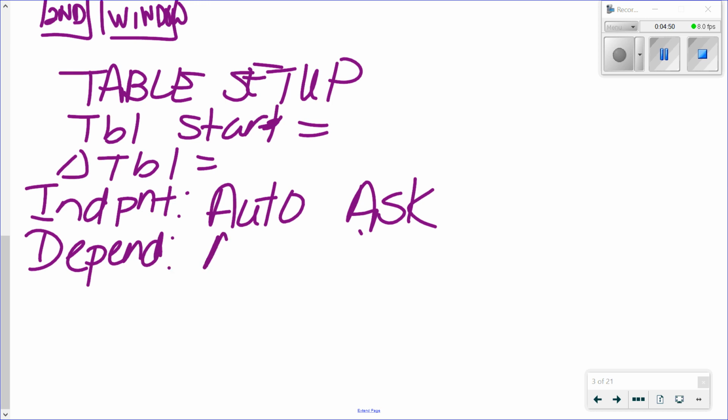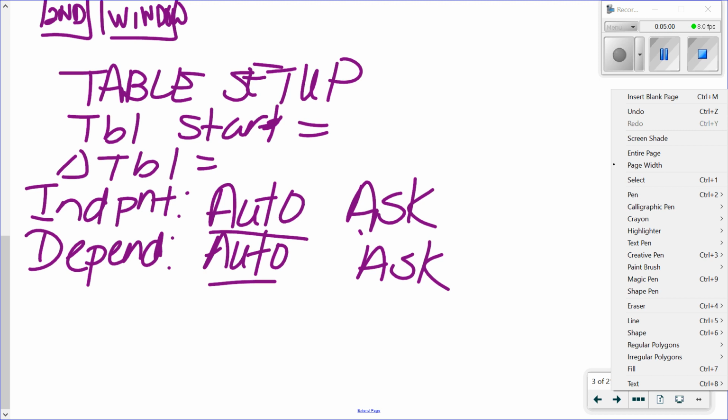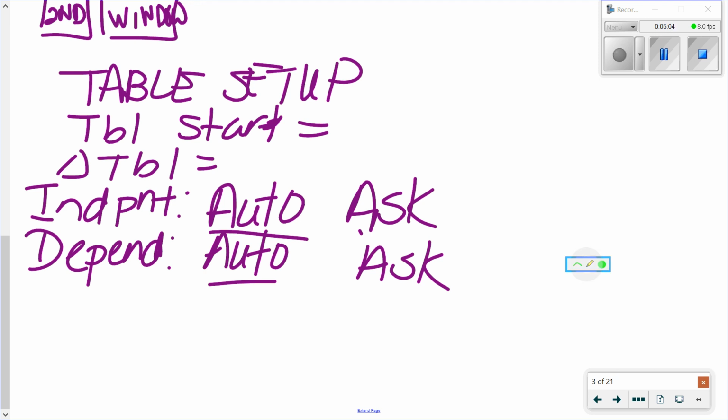And again, it has auto and ask. Right now, auto is probably selected for both of those. And what we want to do is make sure that ask is selected for my independent variable and auto is selected for my dependent variable.